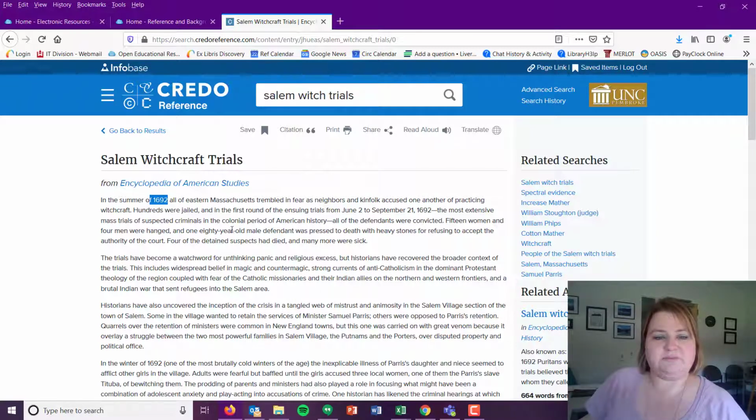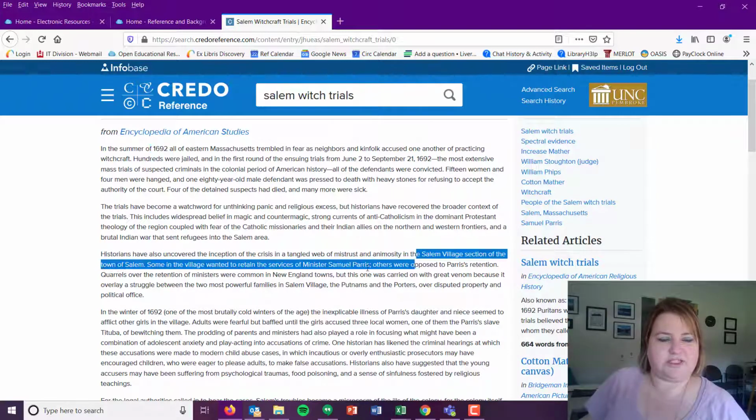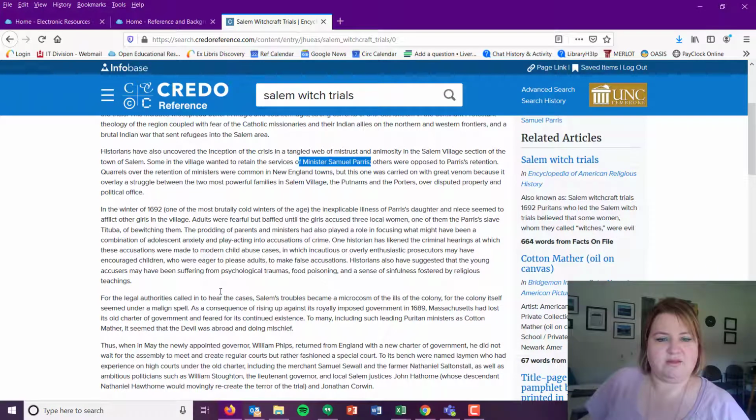You can see, reading through, that it happened in the Salem Village section of the town of Salem. You see that the minister, Samuel Parris, was a major person within it, and that it was Parris's slave, Tituba, who was one of the first people accused of witchcraft.